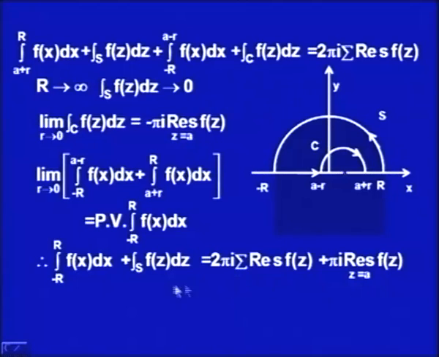You see, this summation is over all the poles in the upper half plane; upper half plane means we are excluding the real line. And then plus pi i times the residue for the pole on the real line.